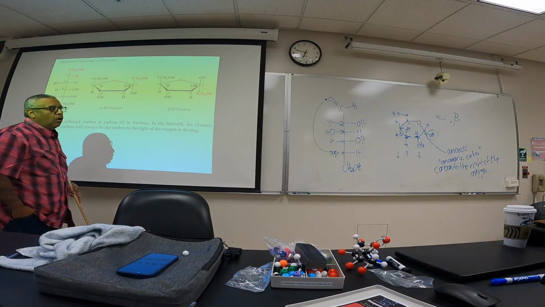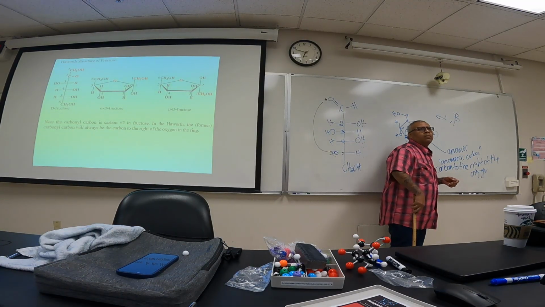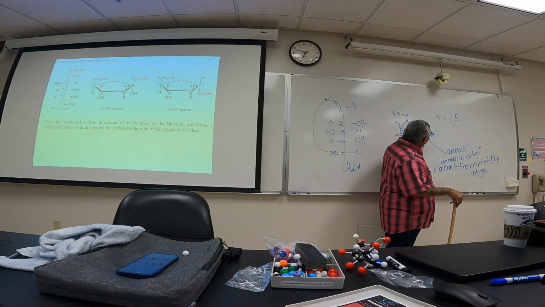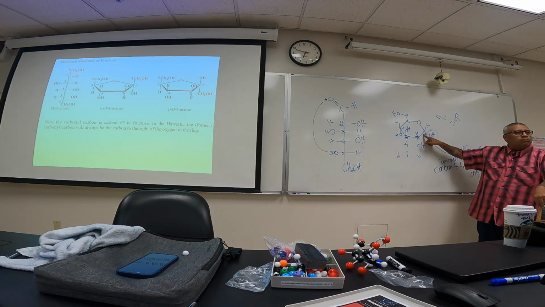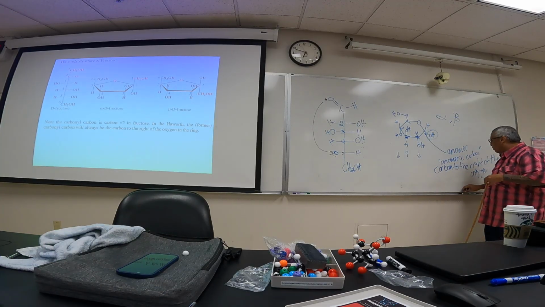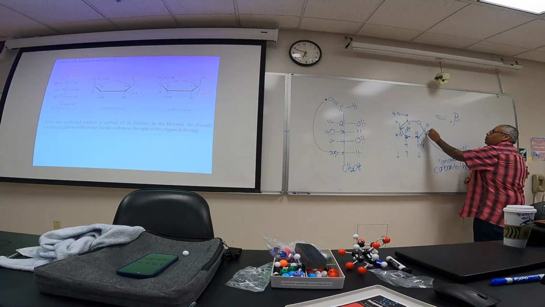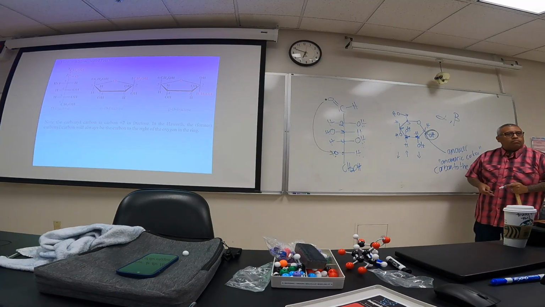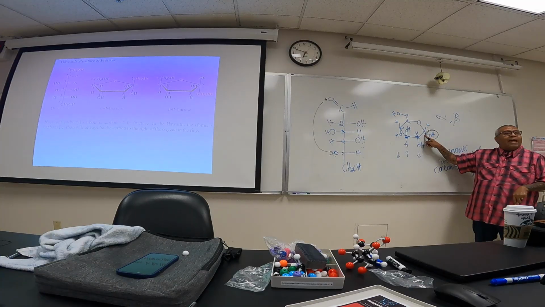And on the anomeric carbon, this is what decides alpha and beta. What we look for, and I'm going slow because I want everybody to catch this, is the hydroxide on the anomer.